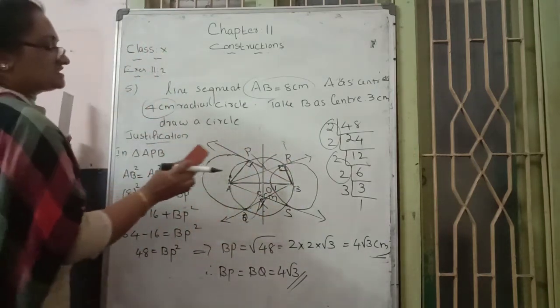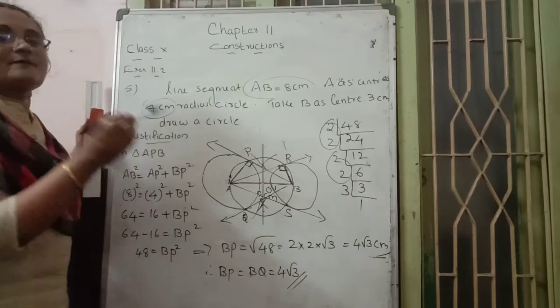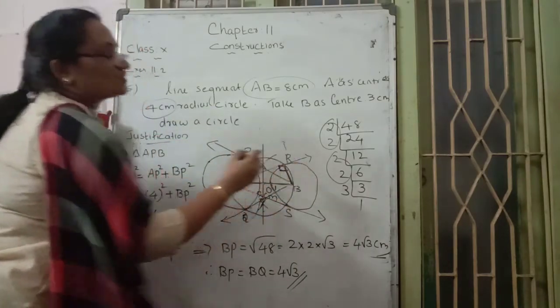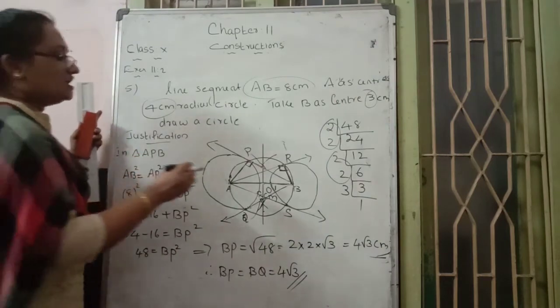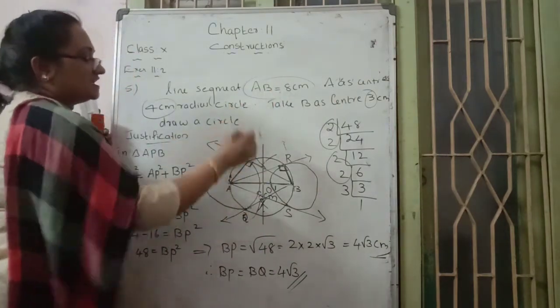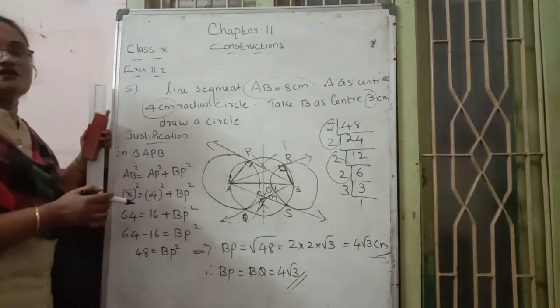In the same way, the Pythagoras theorem applies here. The BR value is represented as the radius of the second circle. The radius of the second circle is how much? 3 centimeter. Then AB is equal to the hypotenuse, but we don't know the AR value.